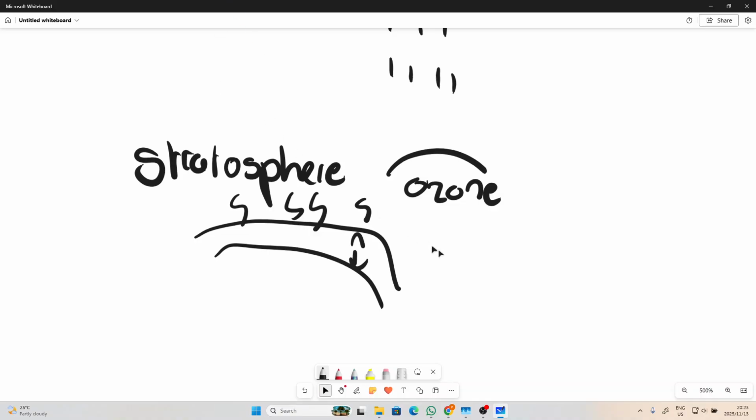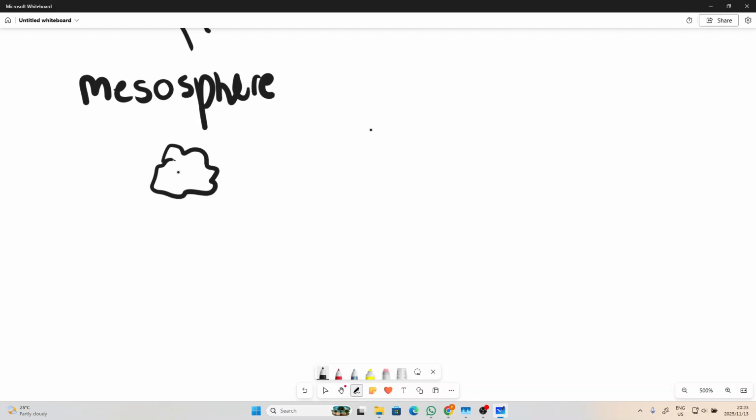The mesosphere. Simple. It's thin and cold. Meteors come in here, the space rocks. Generally, they burn up in this layer.